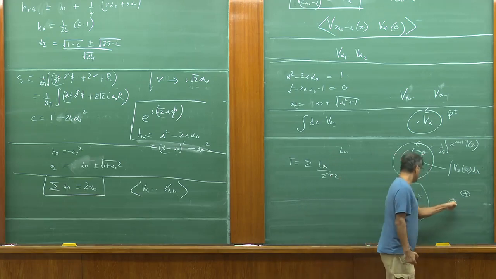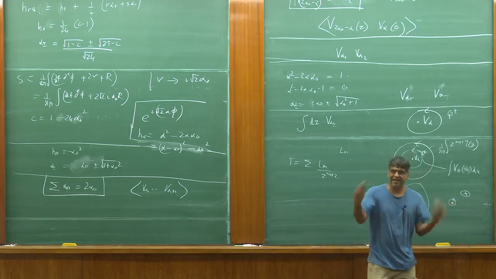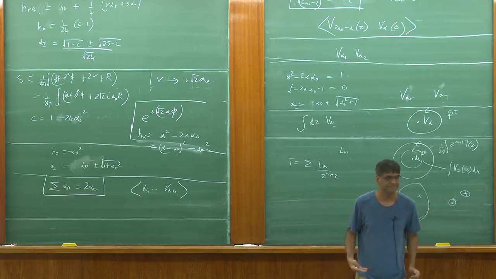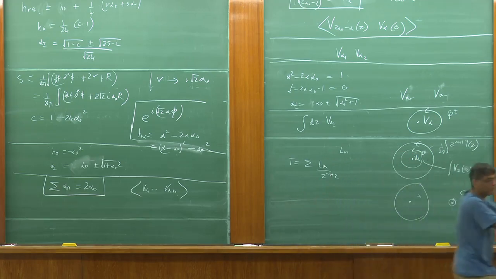The contour that circles this point will give us the action of Lm on the original operator, and therefore will obey the Virasoro, will give us what we get from Virasoro. The contour that circles this cross, let's look at that guy. That's the potential for something new.